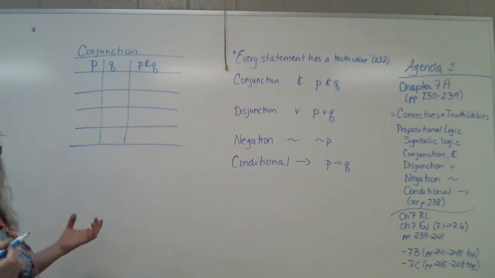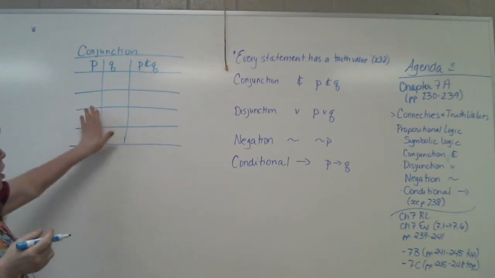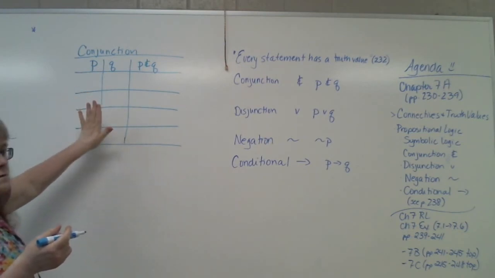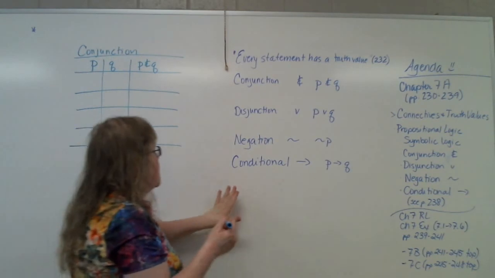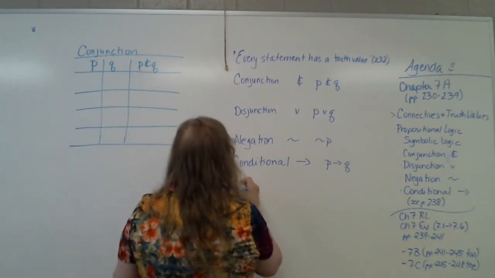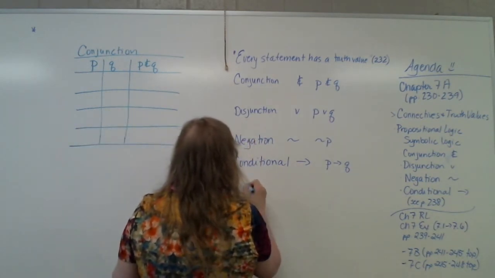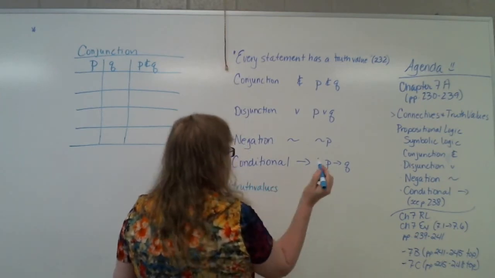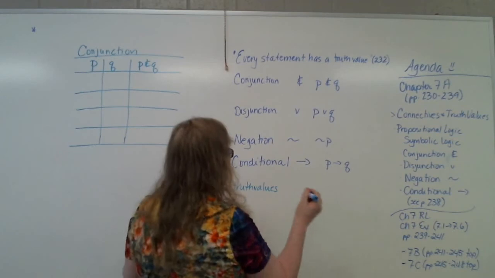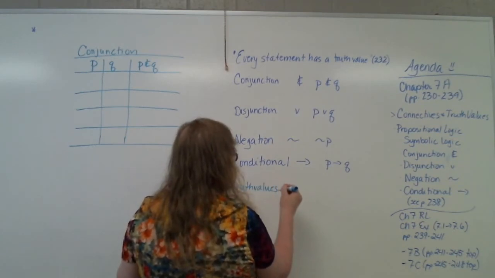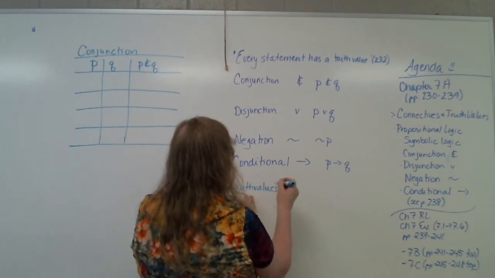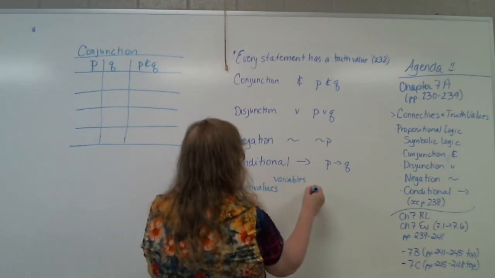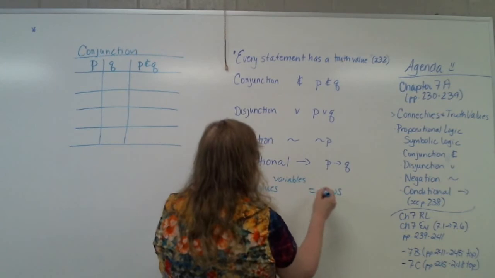How do I know how big that grid has to be in order to get all the possibilities of these two pairings together? I need to know how many truth values raised to the power, and I know we're getting into math here, of how many variables I have. That's how many rows I'm going to need.